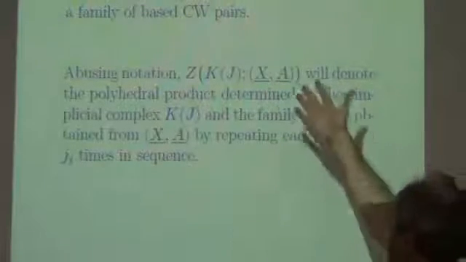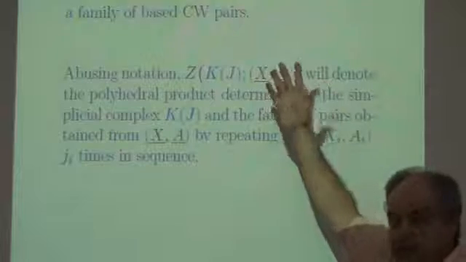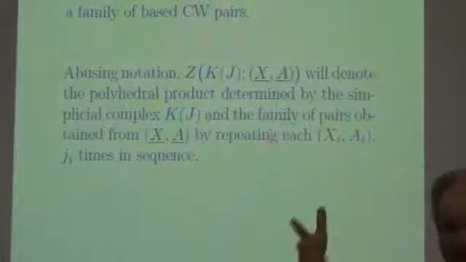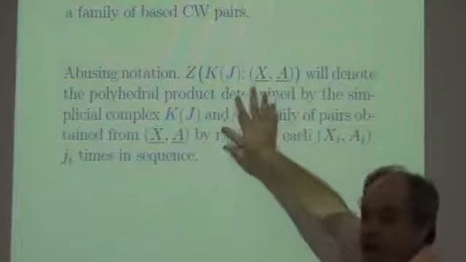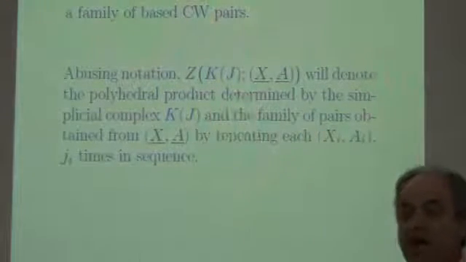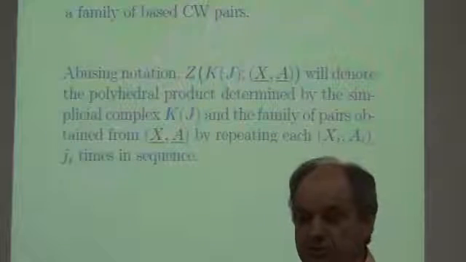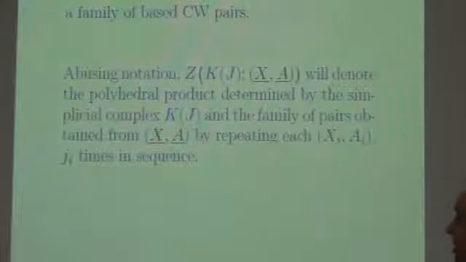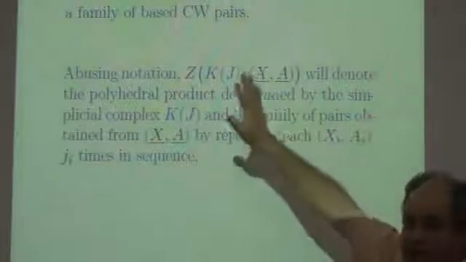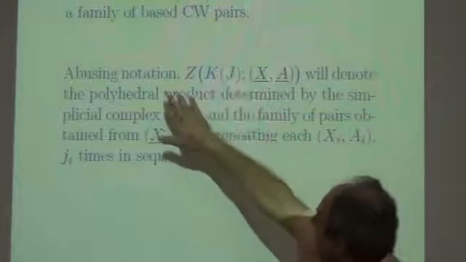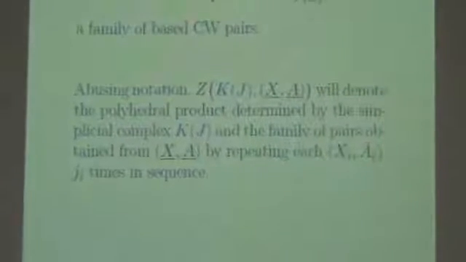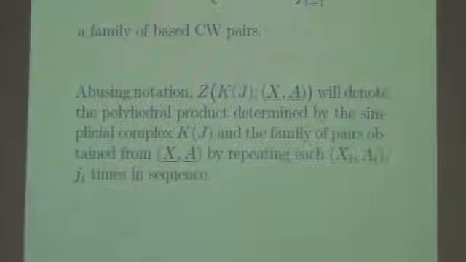So this is an impossible construction. But my convention is that I repeat each (X_i, A_i) J_i times. It's understood. It's an abuse of notation, but strictly speaking it is impossible because there are too many vertices. Okay, just repetition.